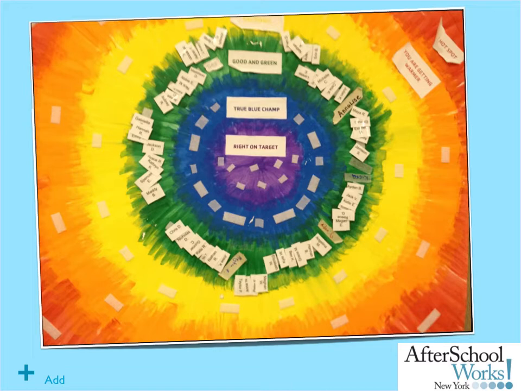But not only do we have the yellow and the red on the outside of the circle, where that indicates that this is dangerous behavior, this is behavior that we don't want to see with kids, there's also opportunity to do exceptionally good behavior, and that we can be a true blue champ, or we can be right on target, and so we can be even higher than this normal green good behavior that we expect from kids.